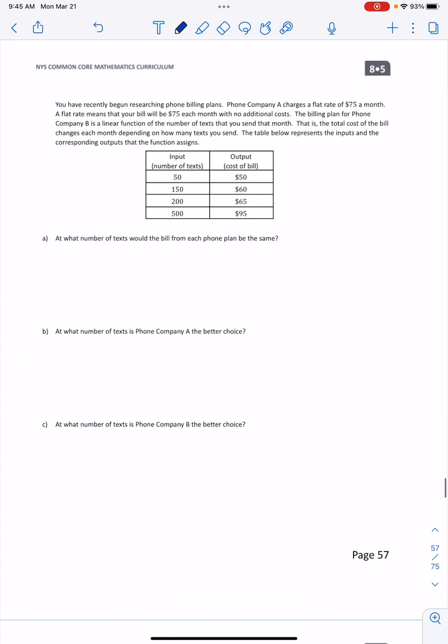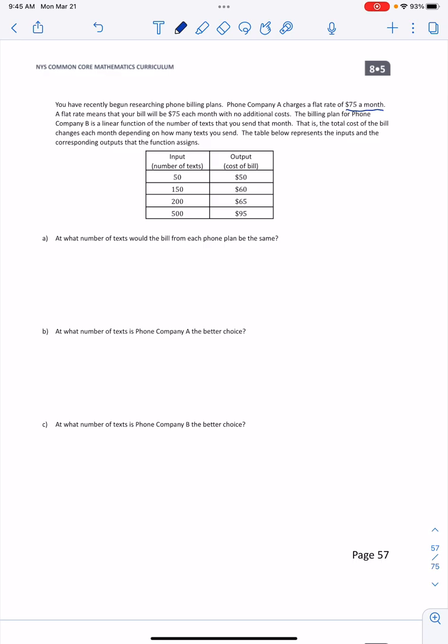Our next question, which is what we left off with in class, is you have recently begun researching phone billing plans. Phone company A charges a flat rate of $75 a month. A flat rate means that your bill will be $75 each month with no additional cost.